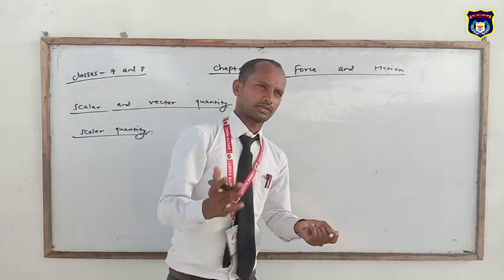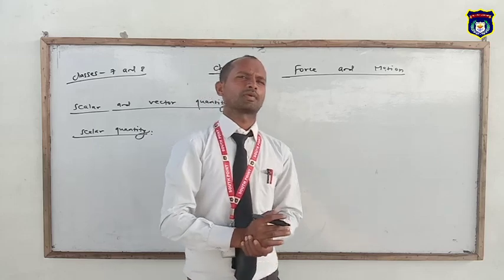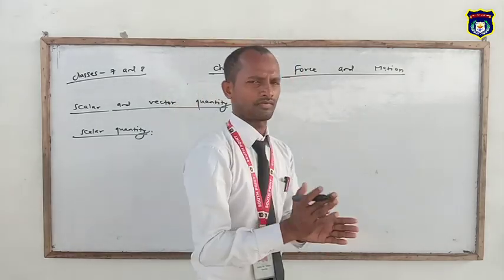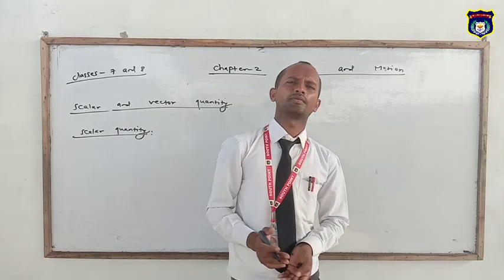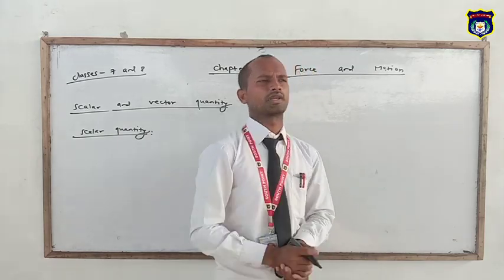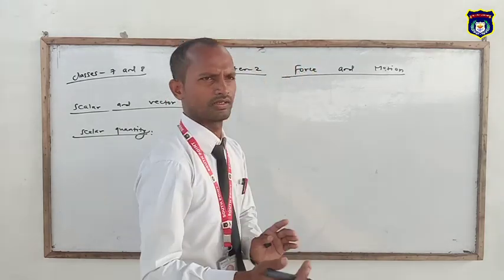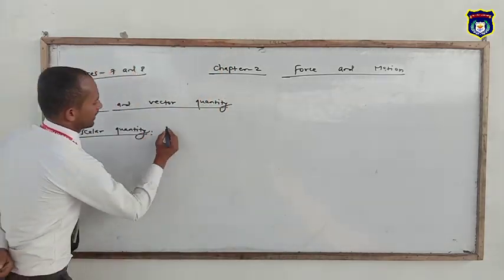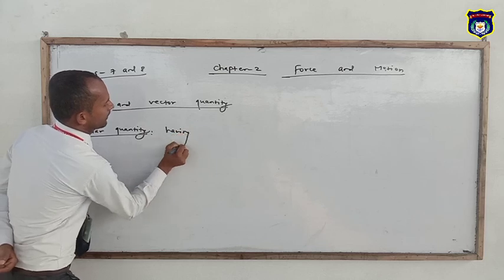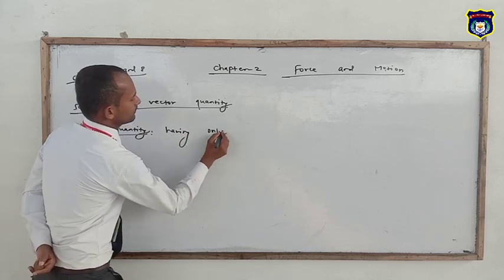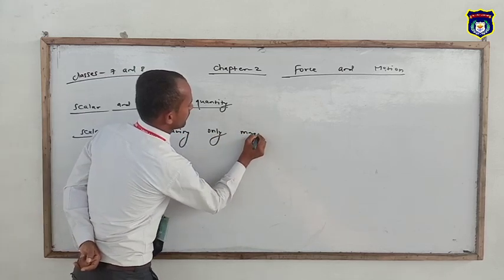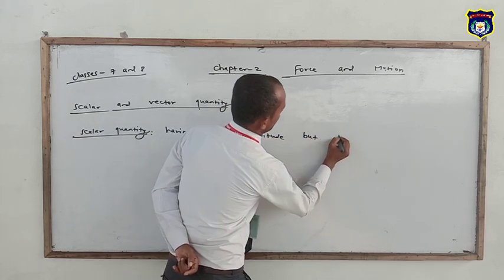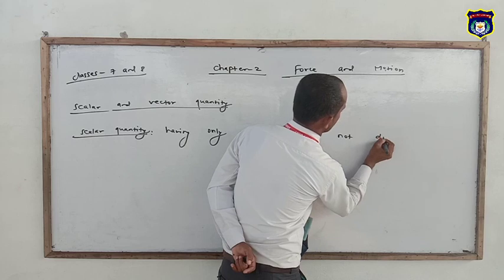There are some types of physical quantity that, when measured, have only magnitude, and those quantities having only magnitude, not direction, are called scalar quantities.